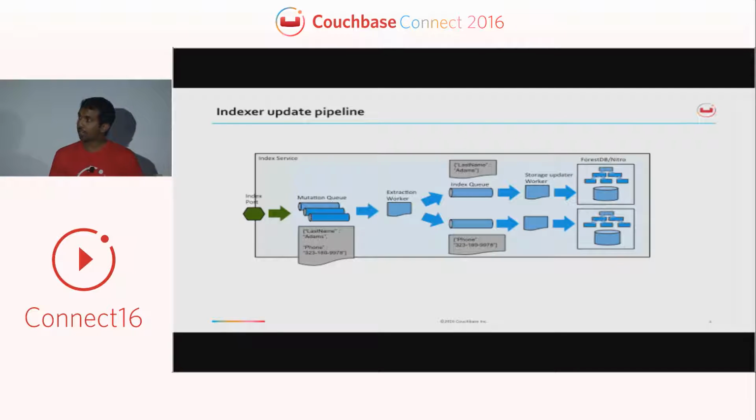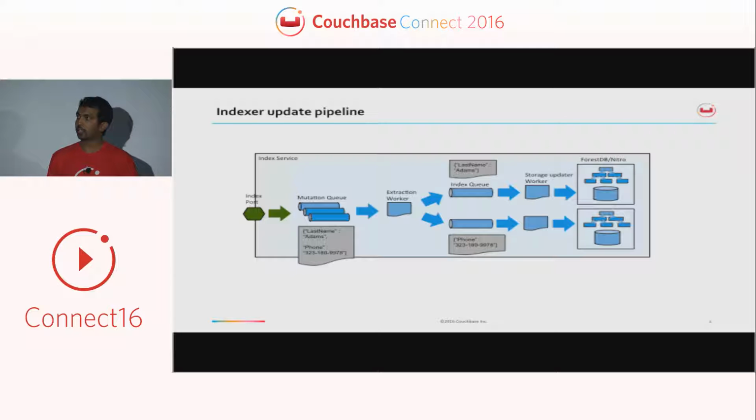So now let's take a look at the indexer update pipeline. The pipeline consists of an index port, which receives the changes that are streamed from multiple data service nodes through the projector. Once it is received, multiple index changes are batched together from a particular data service node.